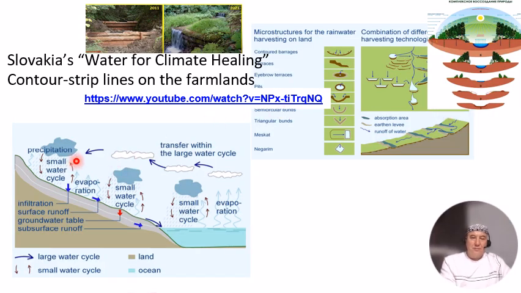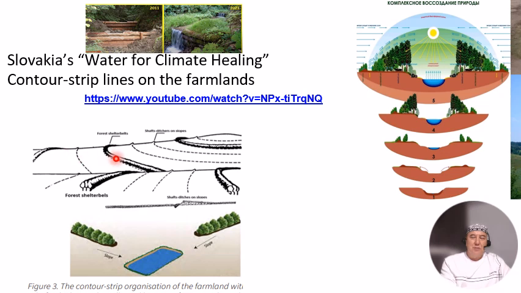This idea is connected to the strategy that water circulation could be on the global level from the ocean, and it should also be on a local, small level. If we set up this type of system and use a combination of this contour strip organization of land and keep the soil moisture, we may have this local circulation. This is the main idea, and you may see these graphs.